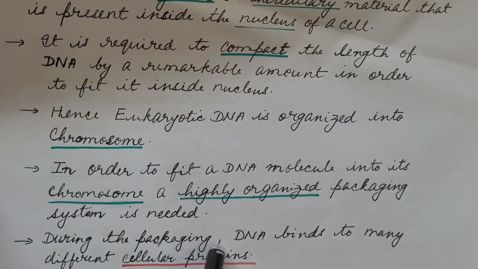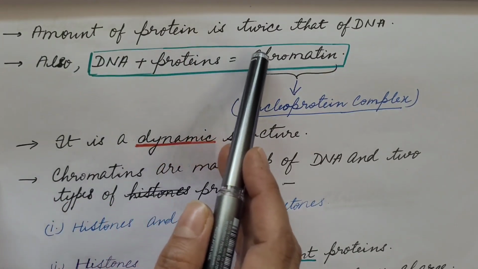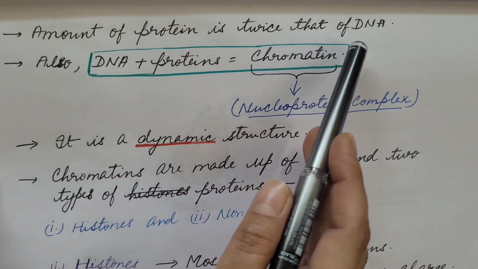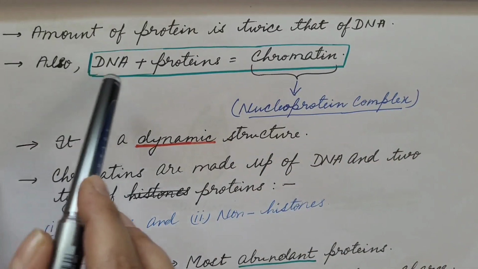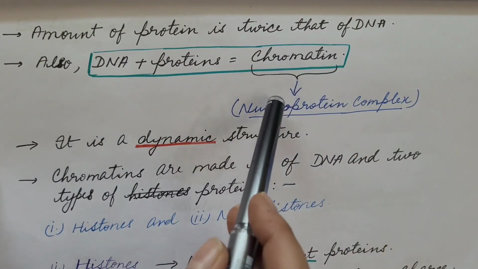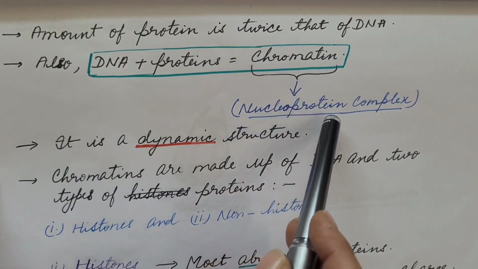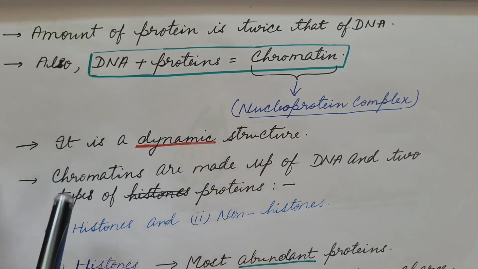During the packaging, DNA binds to many different cellular proteins. The amount of protein to which DNA binds is twice that of the DNA itself. Also, DNA along with protein is known as chromatin. Hence, chromatin is what? A nucleoprotein complex, that is DNA plus proteins.